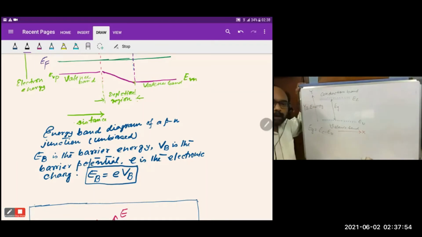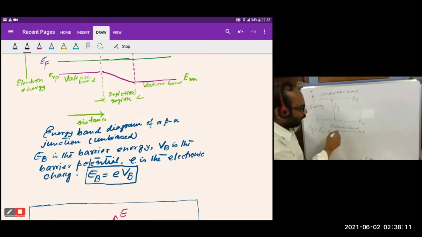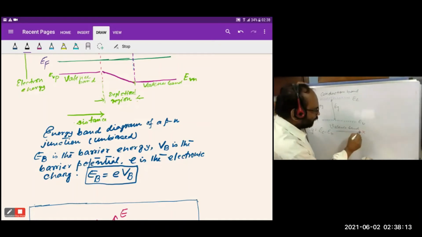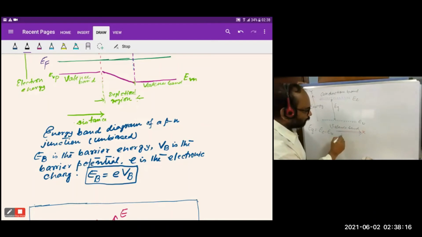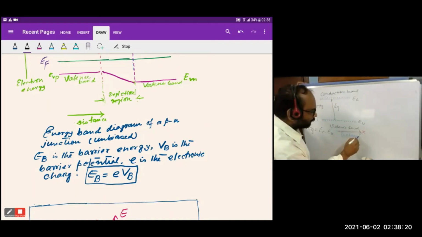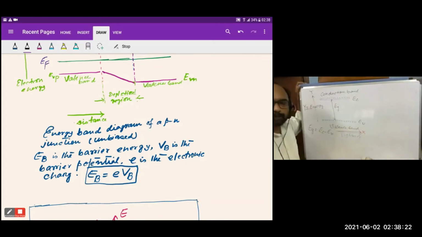The energy is measured along the y-axis, and the distance is measured along the x-axis. So in this case, our distance is along the x-axis.